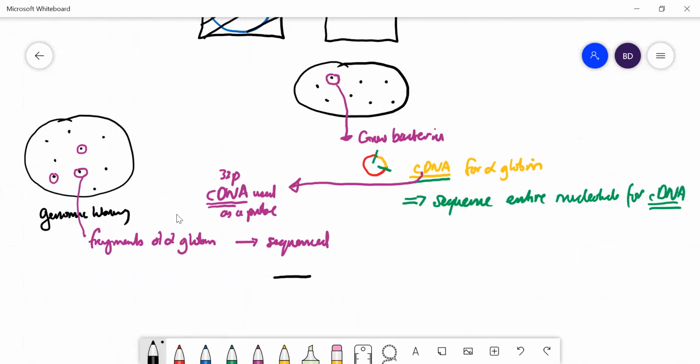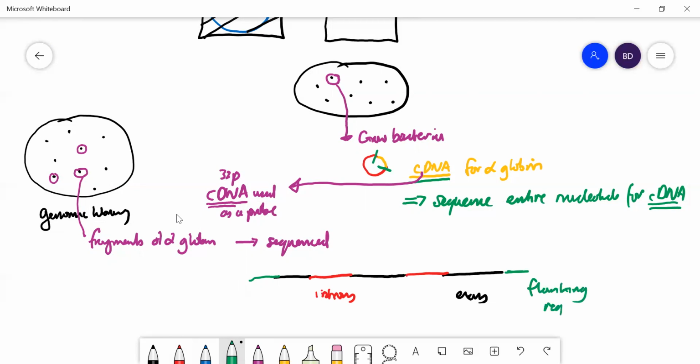and you can work out the sequence of the whole gene. So I'm drawing these as, these are coding regions, so they are called the exons. And these red bits, these are the introns. And then you can also find out from the genomic library, in green, these are called the flanking regions.